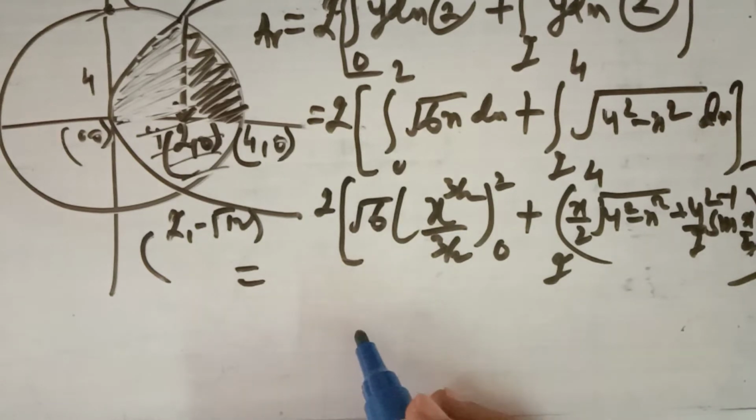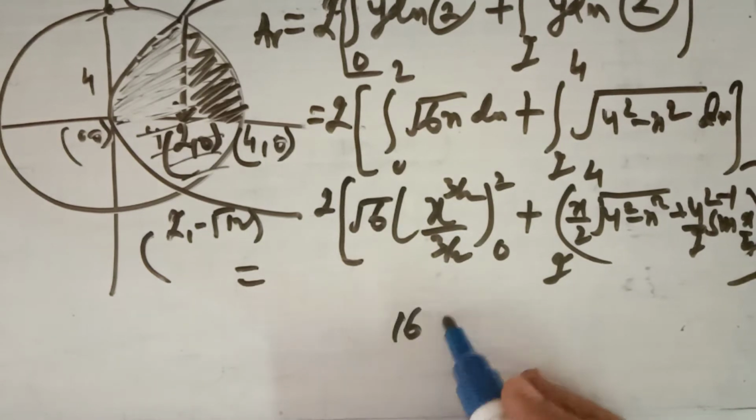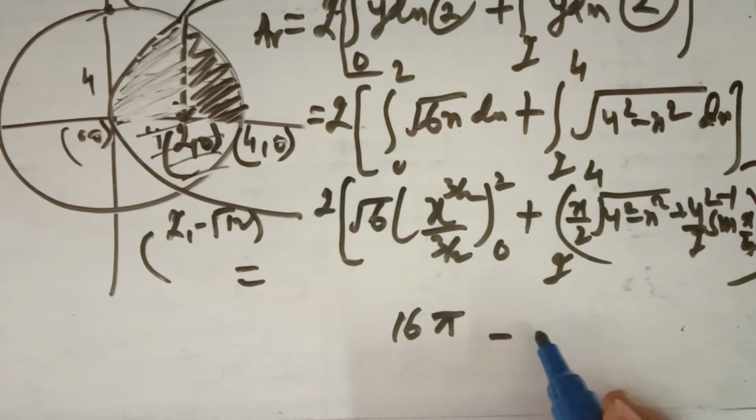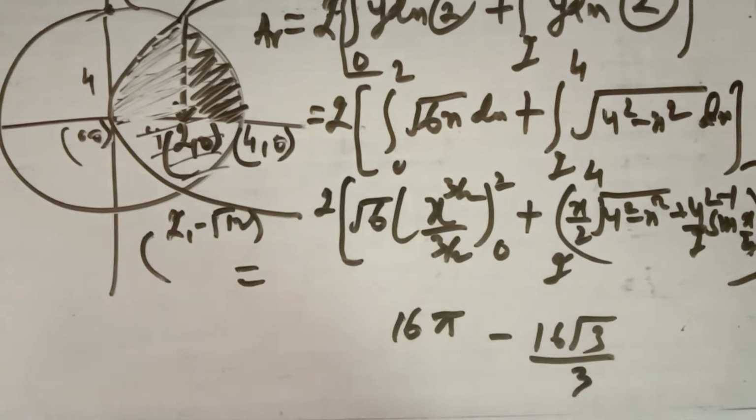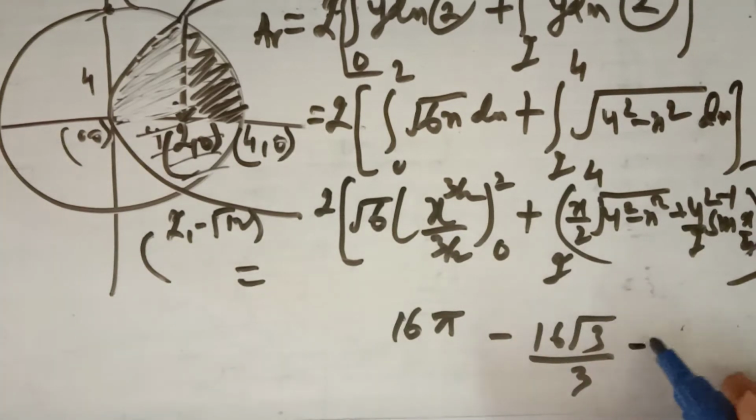This comes out to be 16 pi minus root 16 root 3 upon 3 minus 16 pi upon 3 plus 4 root 3.